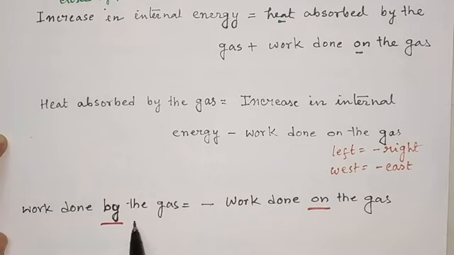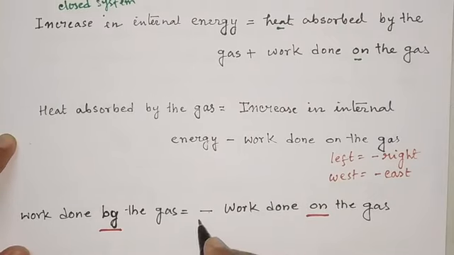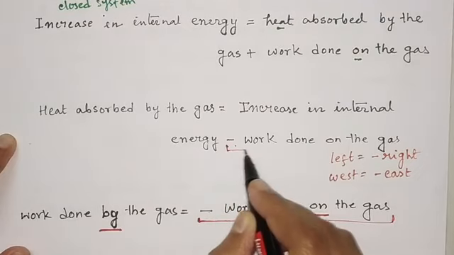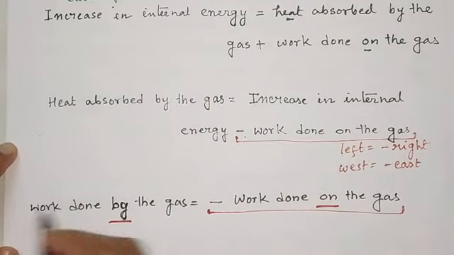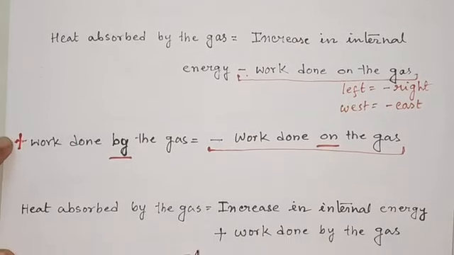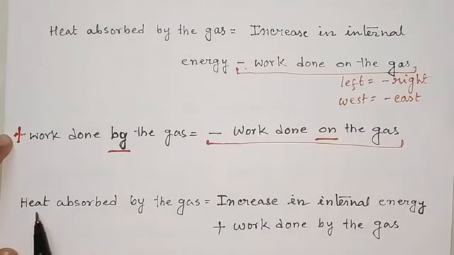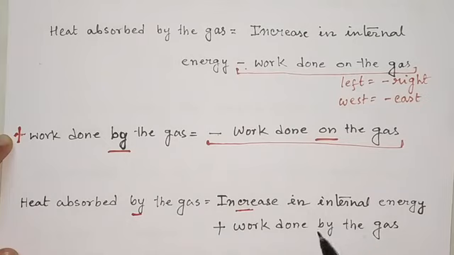So we can replace this minus work done on the gas by plus work done by the gas. Then this relation becomes: heat absorbed by the gas is equal to the increase in internal energy plus work done by the gas.